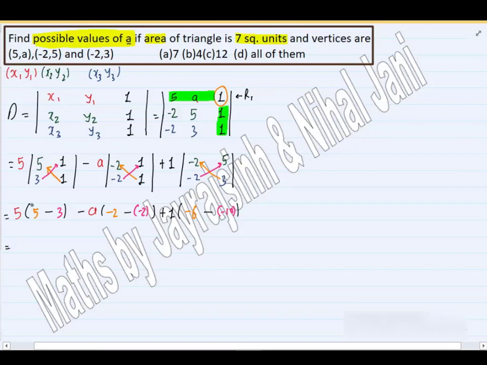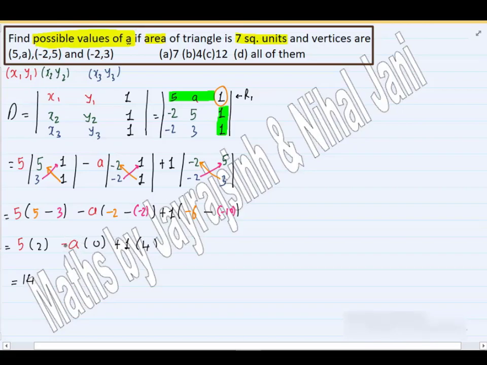Just simplify. Here we'll get 5 in the bracket 2, then minus a will be as it is, in the bracket we'll get 0, and within the last bracket we will get 4. So as you can see, a zeros are 0, 5 2s are 10, and plus 4 will give us 14.